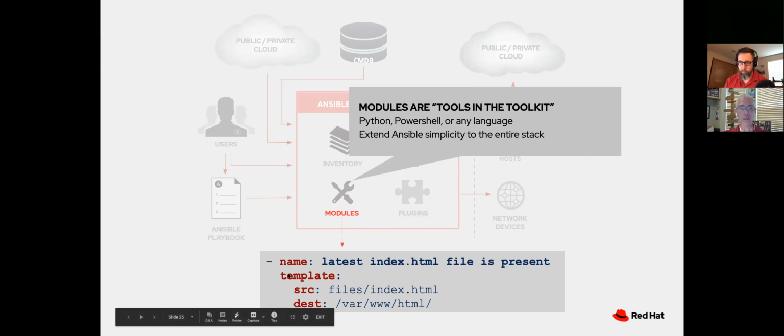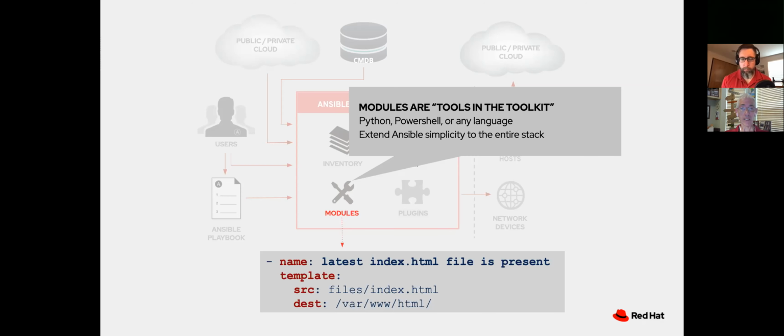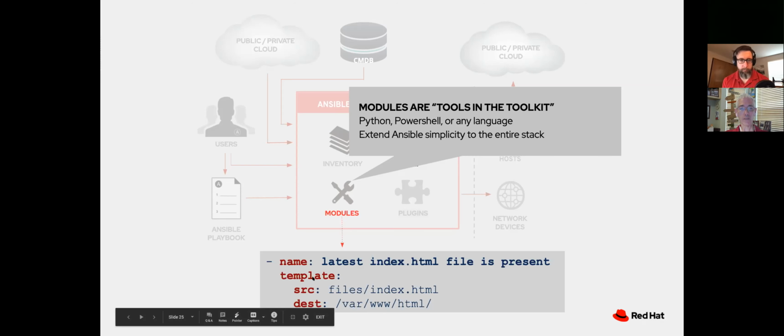So when you specify a module, the way that you tell it what you want things to look like is through module-specific parameters. With this module called template, you can see that we have two parameters specified: a source and a destination.